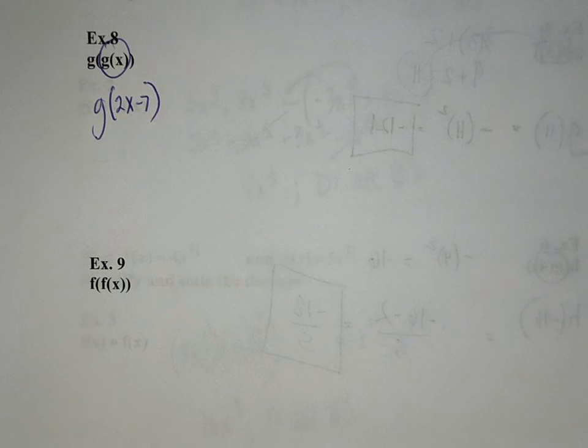So my next question for a popsicle stick is, what will I do with this now? How will I find g of 2x minus 7? Okay, Jessica. So how would you write it out?